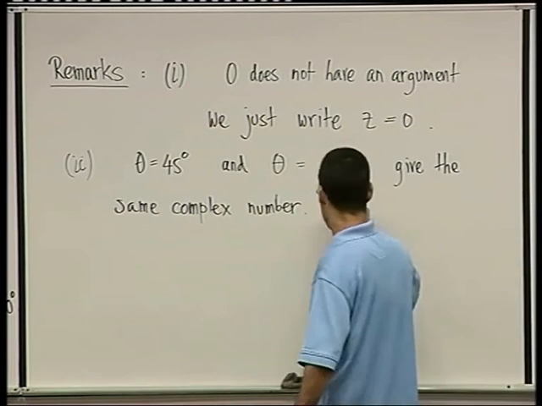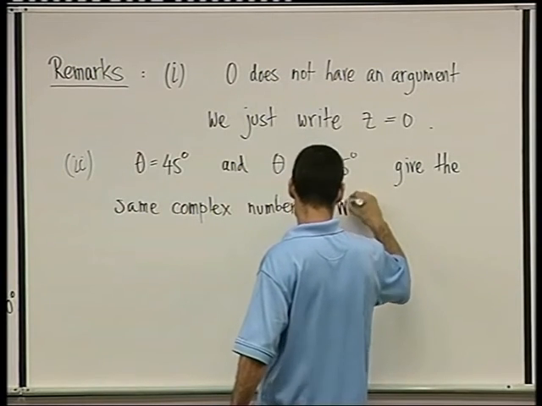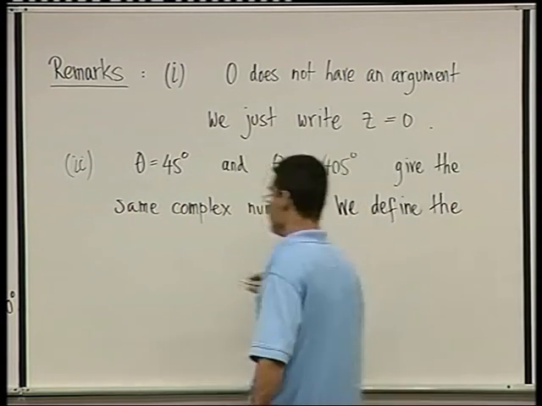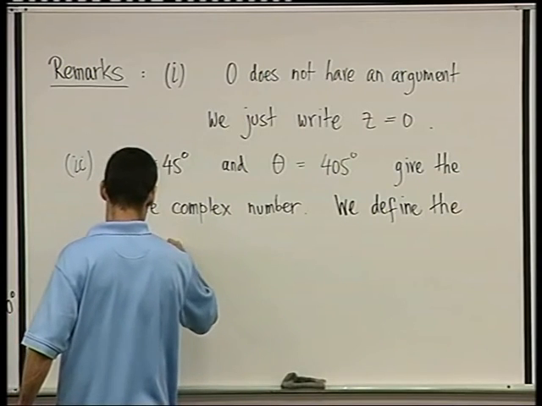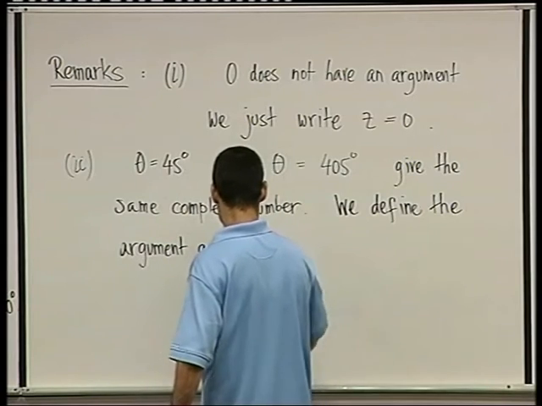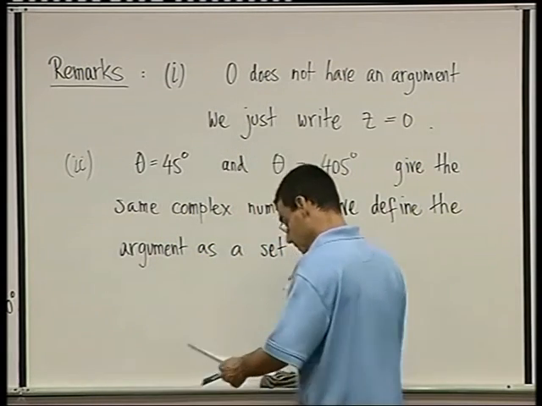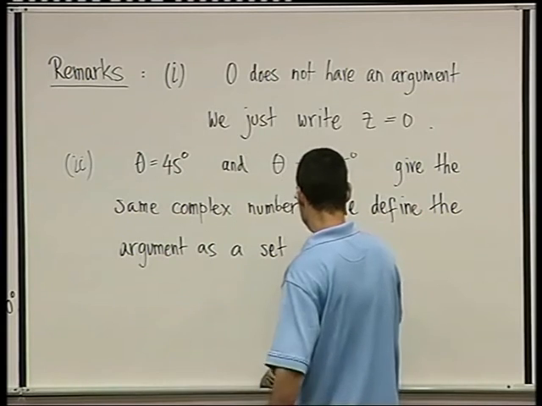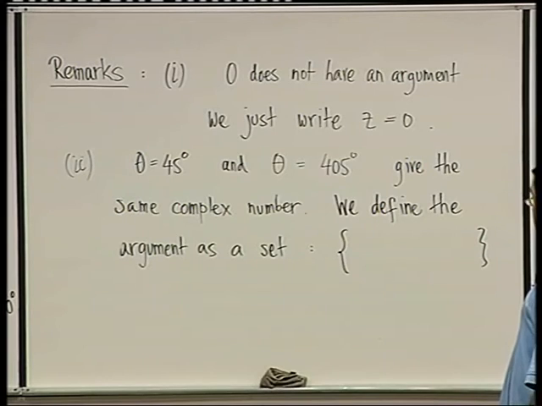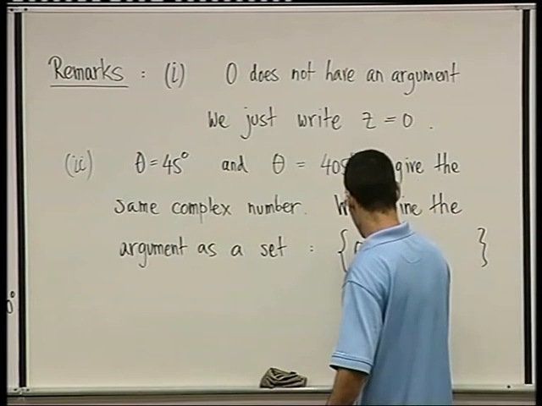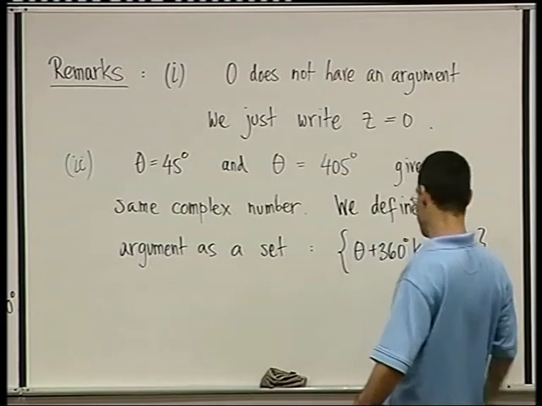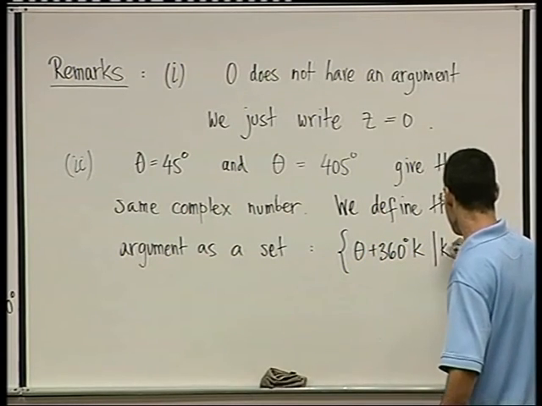So we define the argument as a set, as a collection of angles, namely the set. You already know this notation for a set. The set theta plus 360 degrees times k, where k can be any integer.